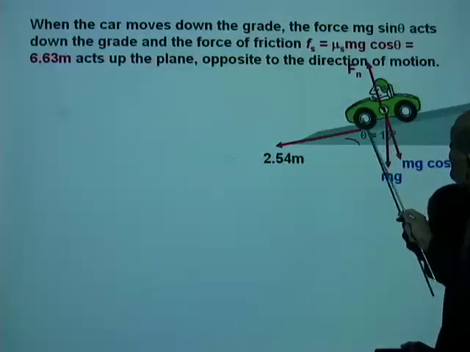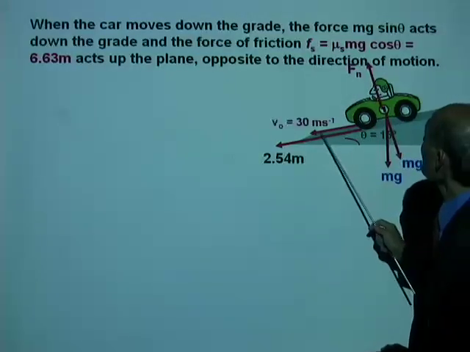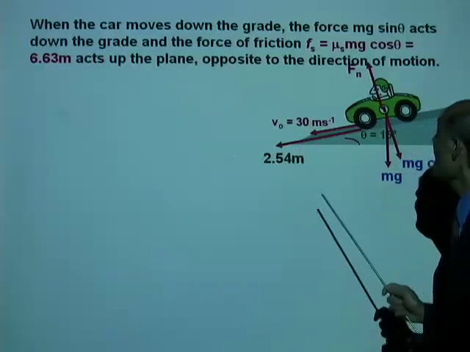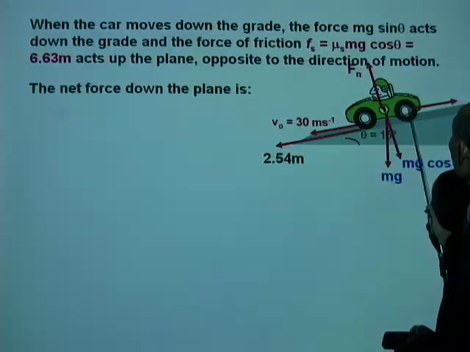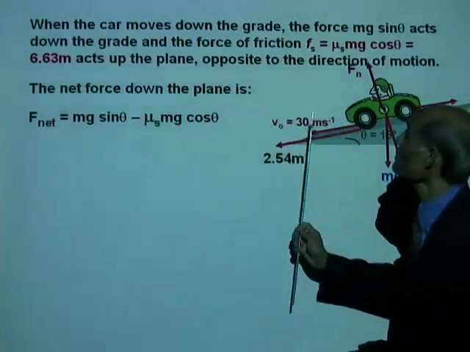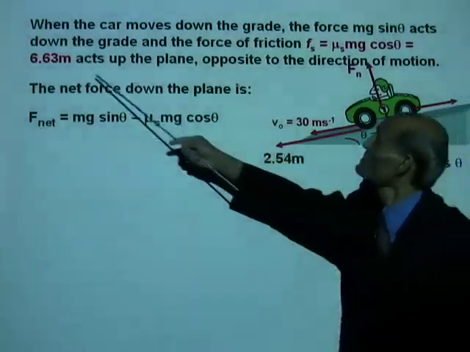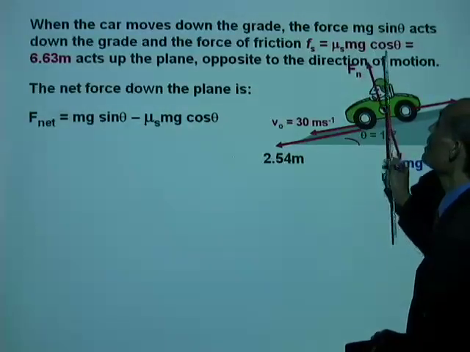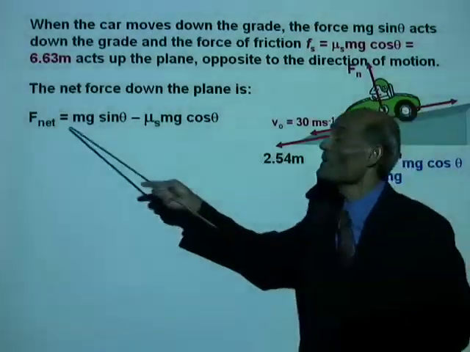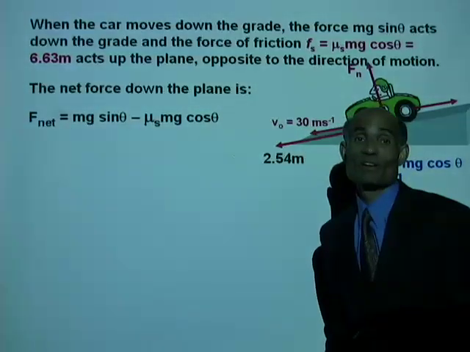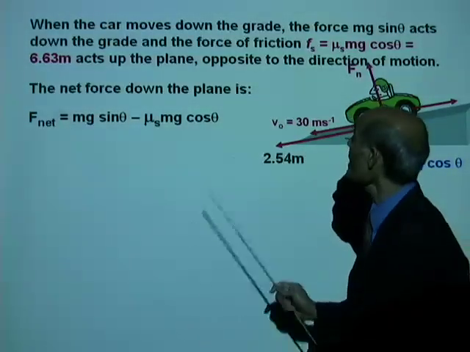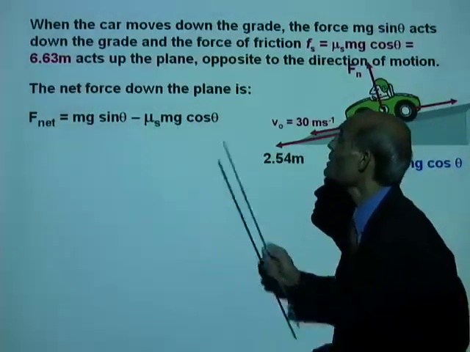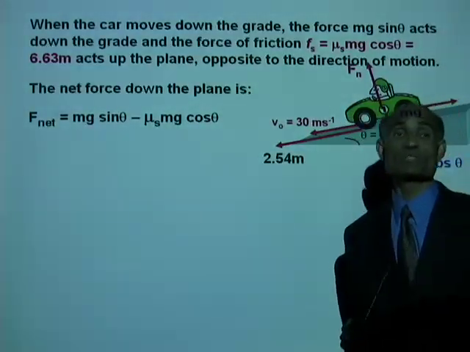The car is moving down. The V0 is 30 meters per second down. The force of friction opposing the motion is 6.63 m, which is mu s mg cos theta. So the net force on the car now is mg sine theta minus mu s mg cos theta.